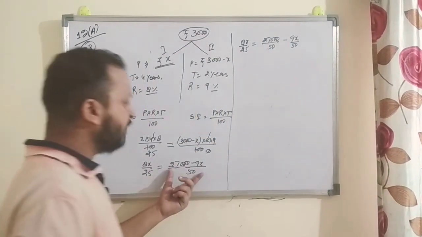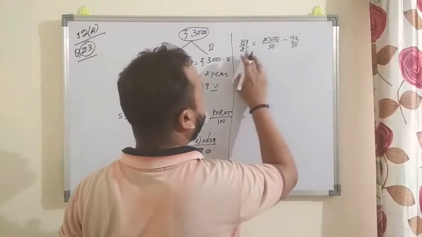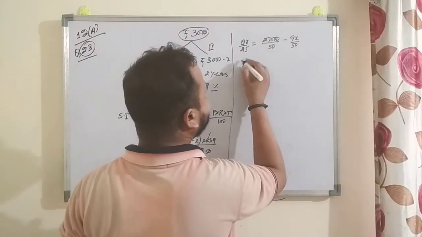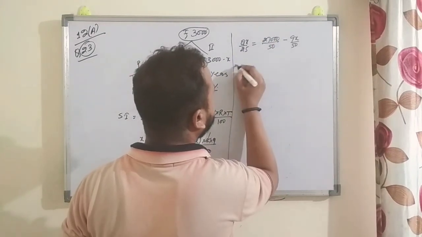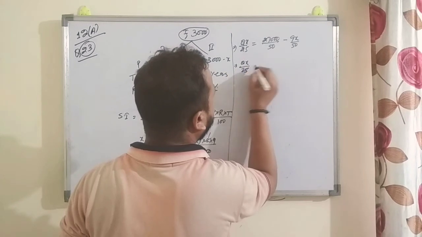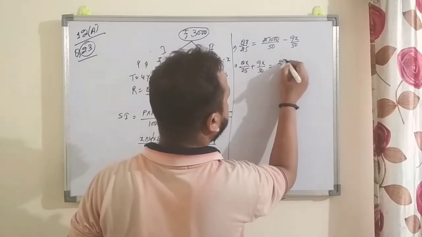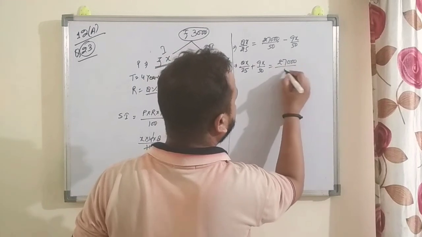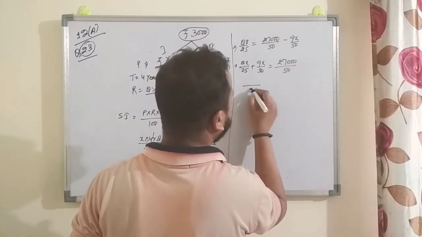Actually the base is the same, so we can combine it, right? Now take this to this side. The x terms we are sending to the same side. So 8x upon 25 plus 9x upon 50 is equal to 27,000 upon 50. So here take the LCM. LCM is 50.